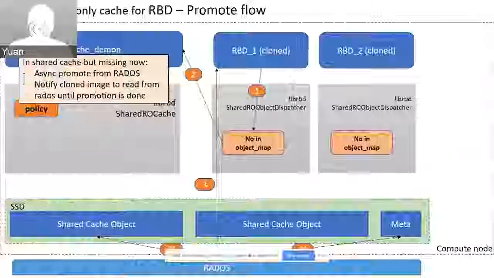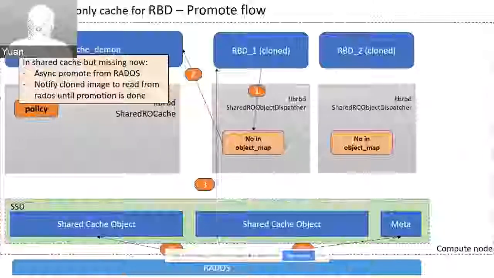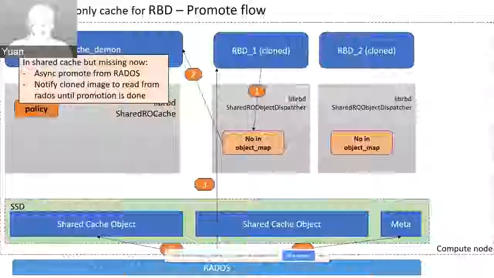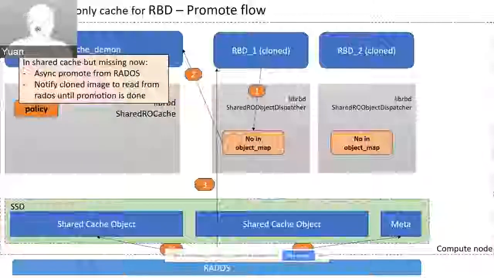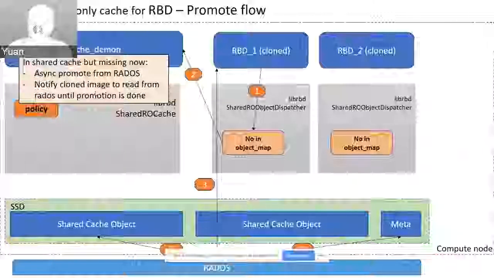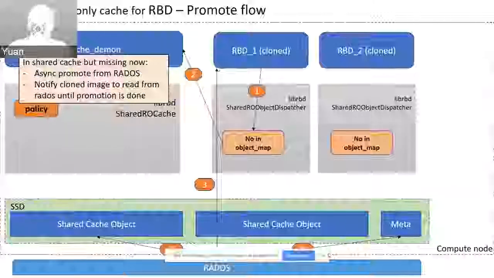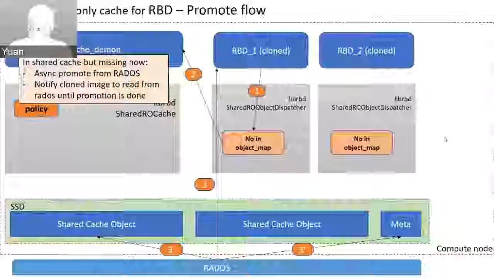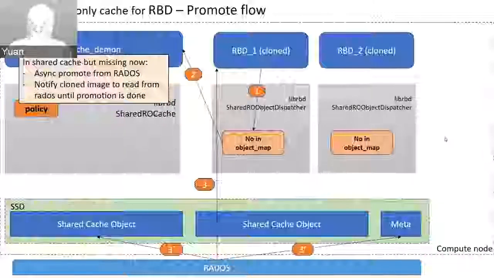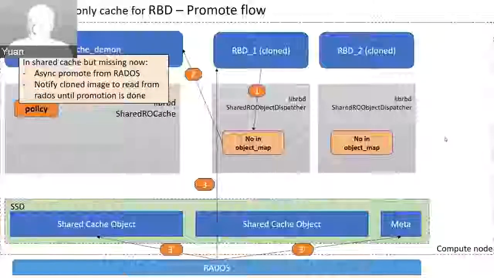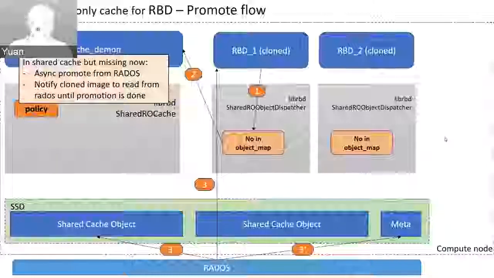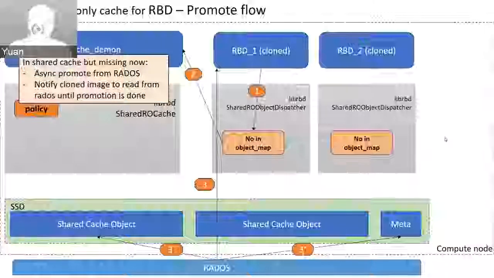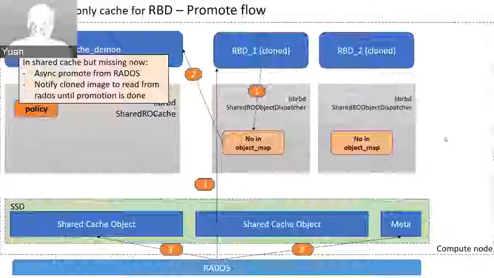This is the detailed promotion flow. Here's several numbers here. The most important one is on the second step. RBD has an internal object called object map. With this object map, we can easily tell if it is okay to read from the parent image or not.